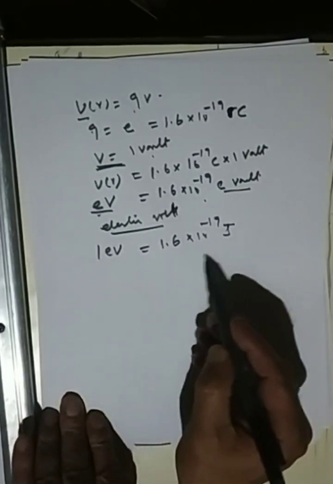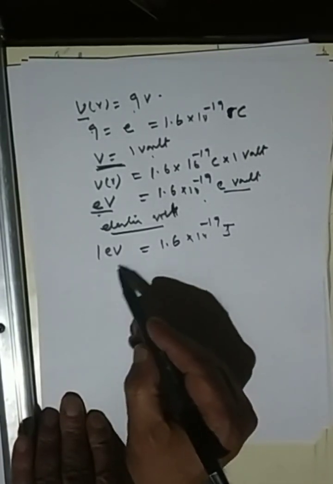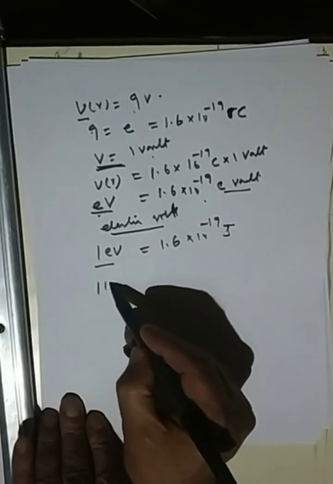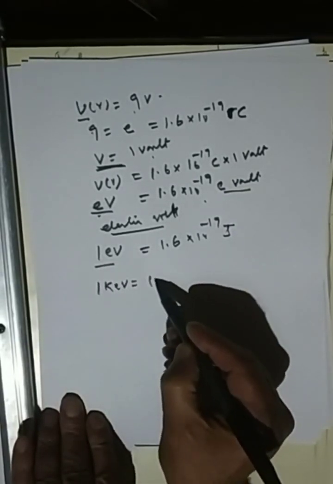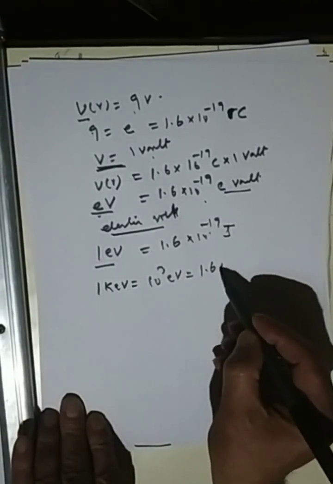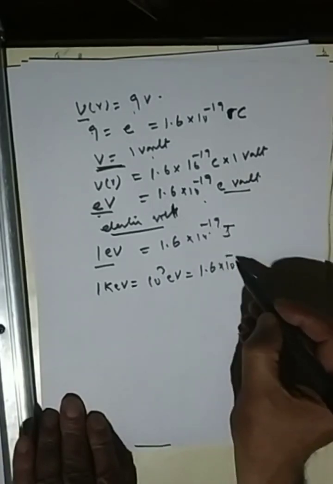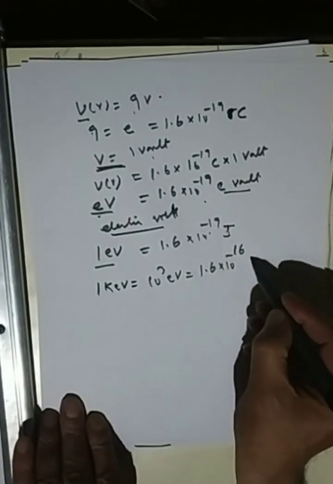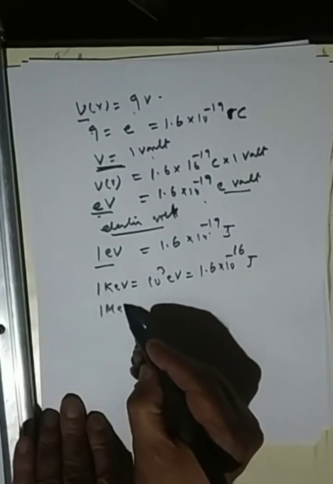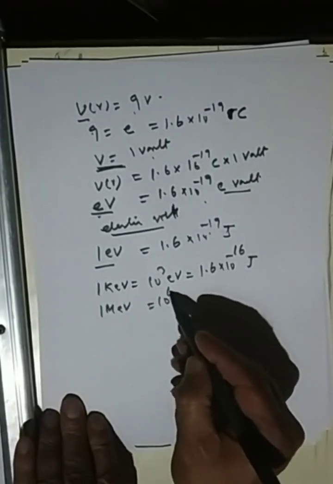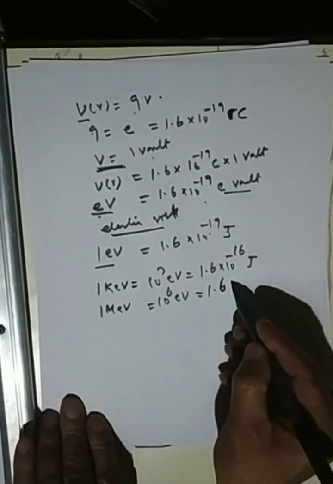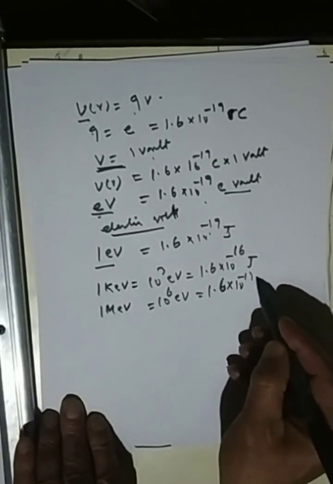Now this is the smaller unit. A bigger unit is 1 kilo electron volt, that is 10 raised to the power 3 electron volt, which will be 1.6 into 10 raised to the power minus 16 joules. And 1 mega electron volt will be 10 raised to the power 6 electron volt, which will be 1.6 into 10 raised to the power minus 13 joules.